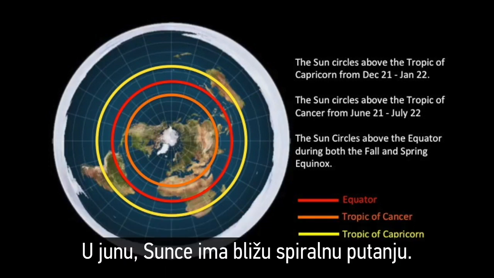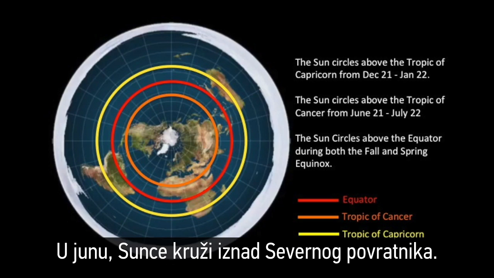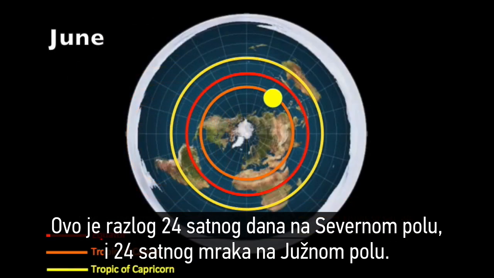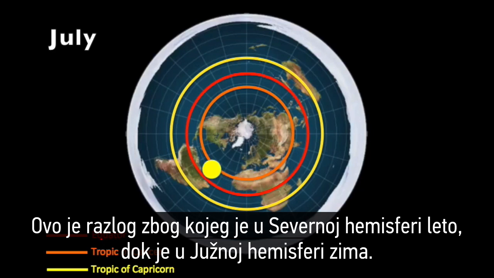In June, the sun has a tighter spiral. In June, the sun circles over the Tropic of Cancer. This causes 24-hour daylight at the North Pole and 24-hour darkness at the South Pole. This causes the northern hemisphere to be in summer and the southern hemisphere to be in winter.